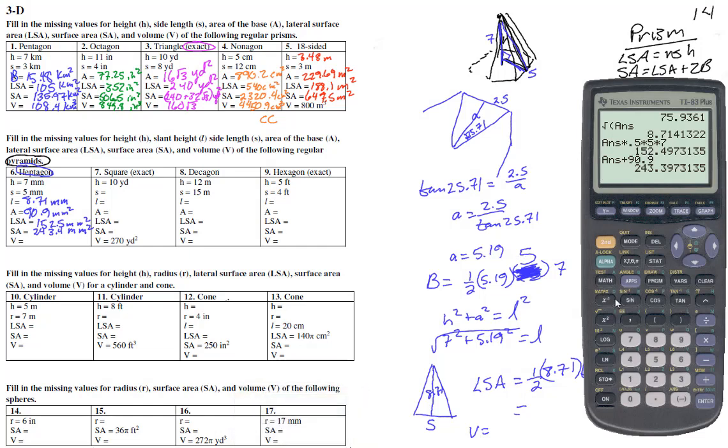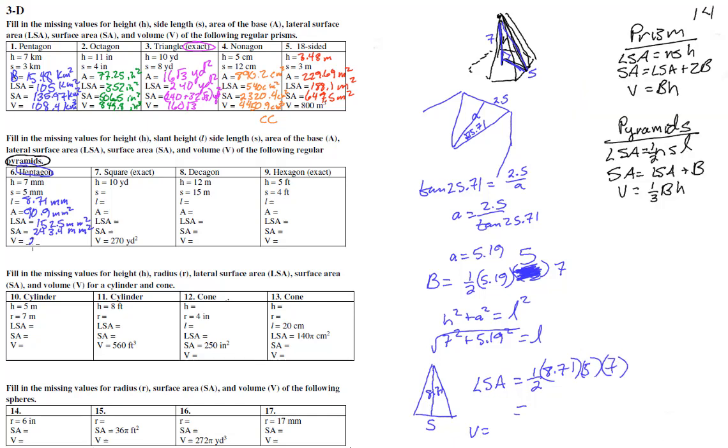Oh, it's the area of the base times the height, but then we divide by 3 because we're a pyramid. So area of the base, which is 90.9, times the height, which was 7, and then divide by 3, and we get 212.1. This is now millimeters cubed as we're doing a volume.